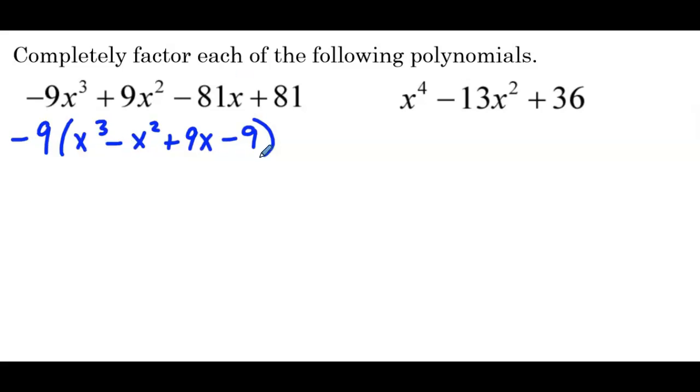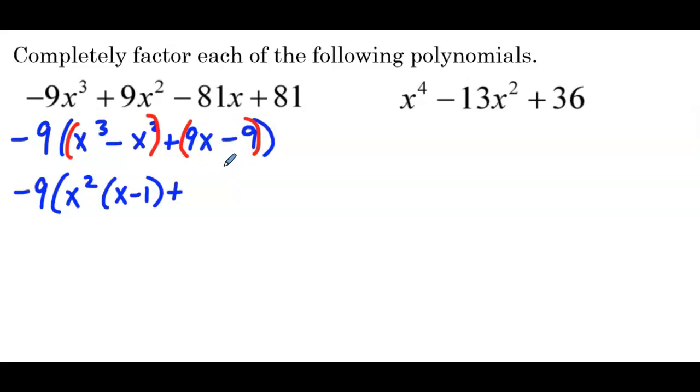Now we have a 4-term polynomial, so if it's going to be factorable, it's going to be with grouping. So let's try group the first 2 terms together, second 2 terms together. So we have negative 9. Greatest common factor of these terms is x squared, leaves us with x minus 1.